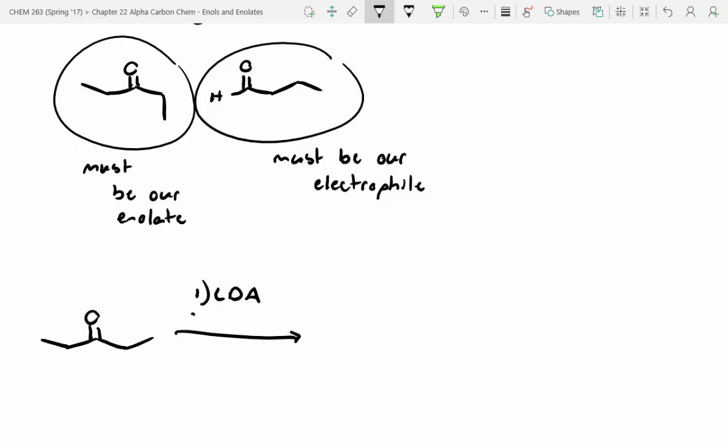And then step two, what are we going to do now? So we formed 100% of our enolate here. Now we need to introduce our aldehyde. And then last but not least, we'll treat this with water as a workup, and we can get to our final product.